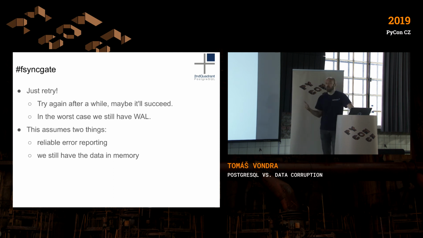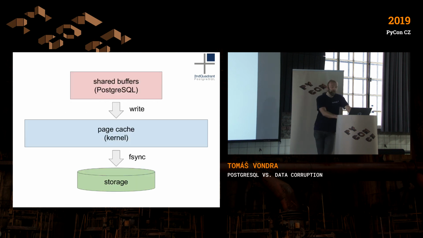This assumes two things. First, it assumes that we actually get the message about failed fsync, which is not quite true. And it also assumes that the operating system still has the modified data in memory. And the truth is, well, it works like this, right?